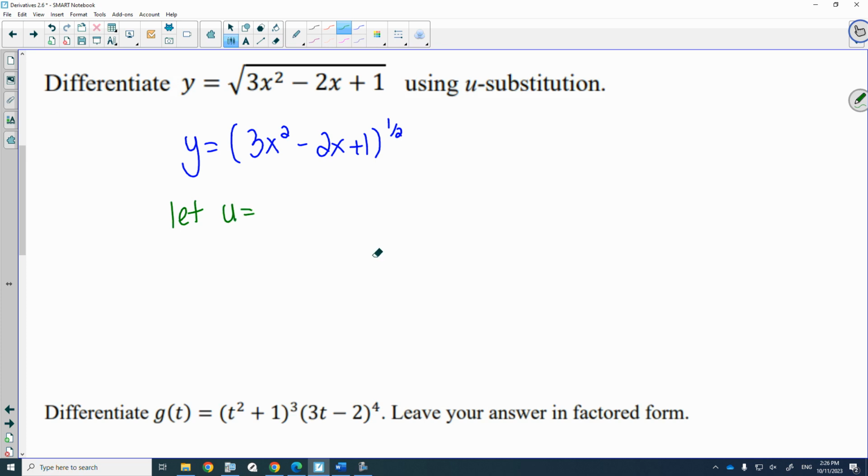Kayla, what's u going to equal to? Yes, this is actually a really messy one to do chain rule and nice to do u substitution. Then I'm going to have y is equal to u to the 1/2.